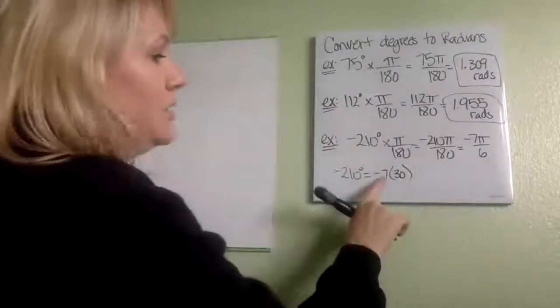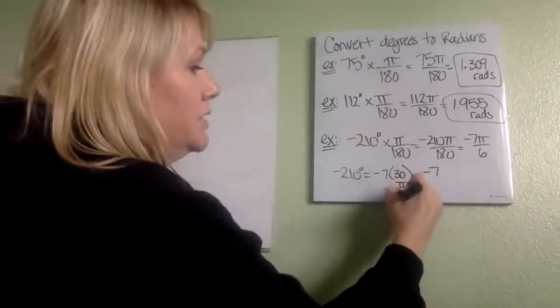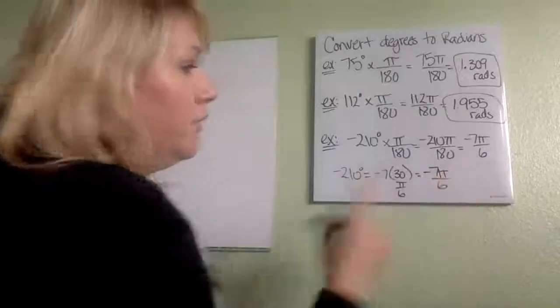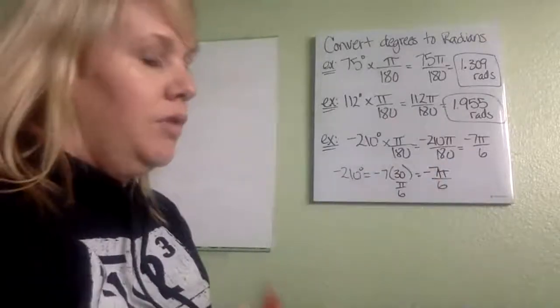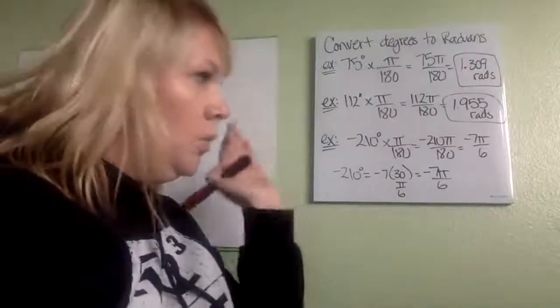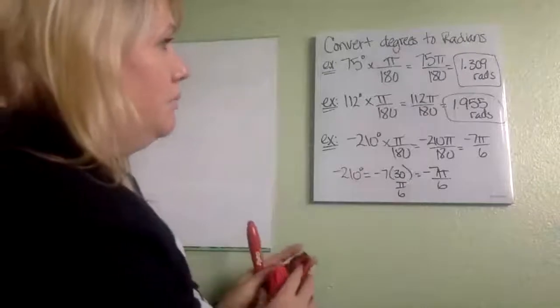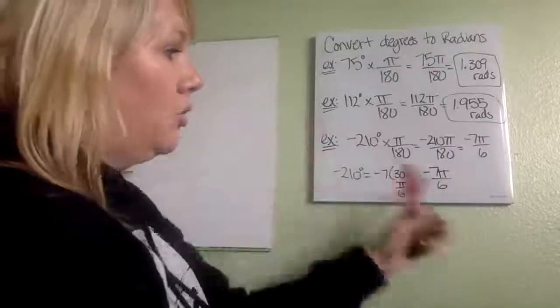So I could rewrite this as negative 7 times pi over 6. That's a different way to think about it. As you get more comfortable with those ones we talked about, this would be a kind of shortcut, but not necessary.